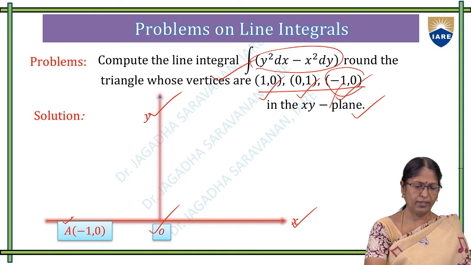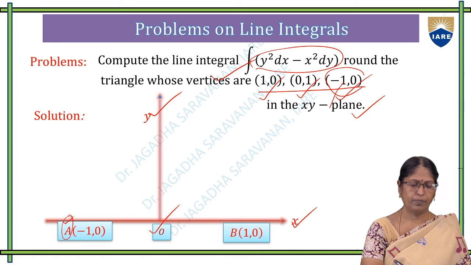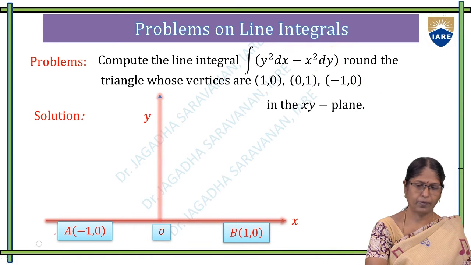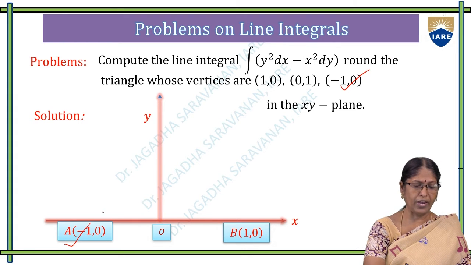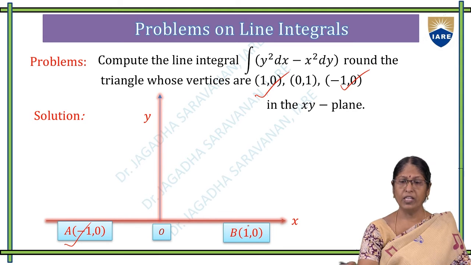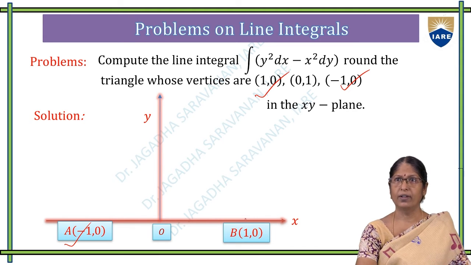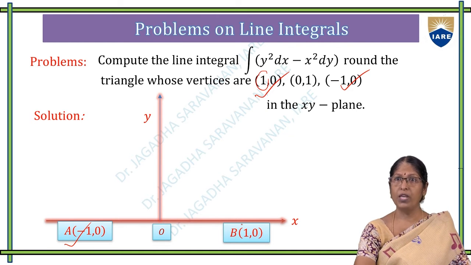Here we point, and we name it A. Another one, that is 1, 0, that we plot here in the positive direction because our x is 1. That we name B. So B of 1, 0.